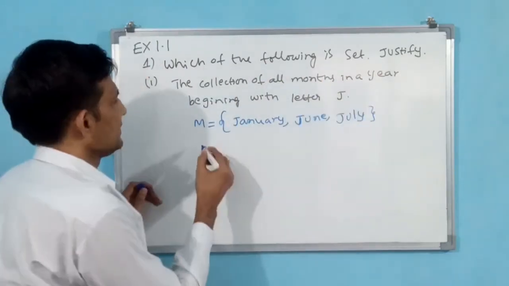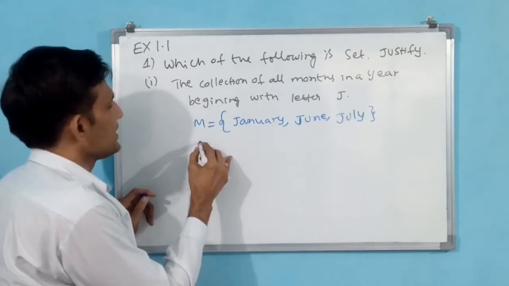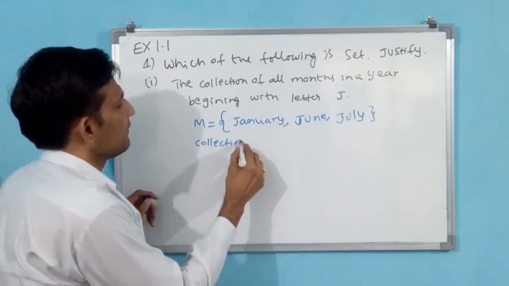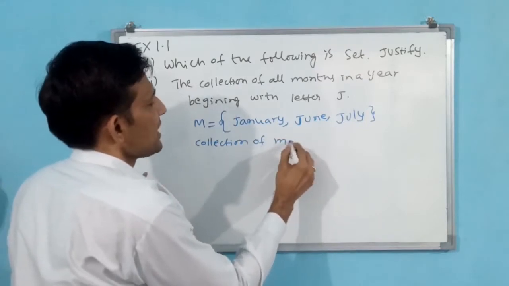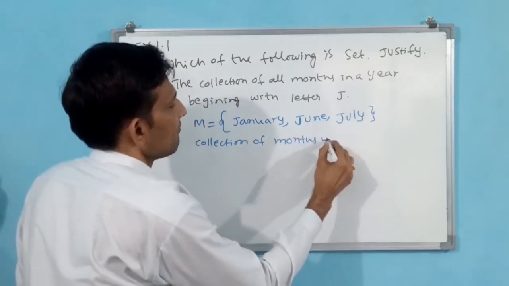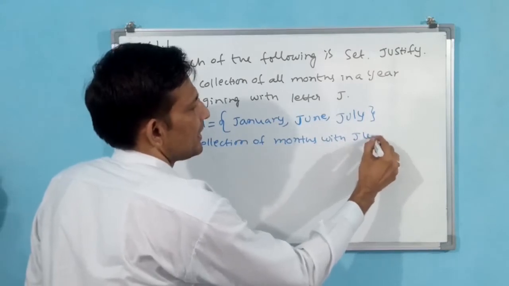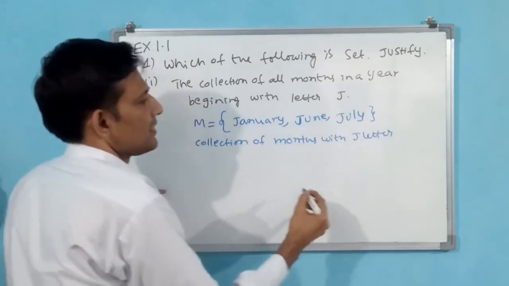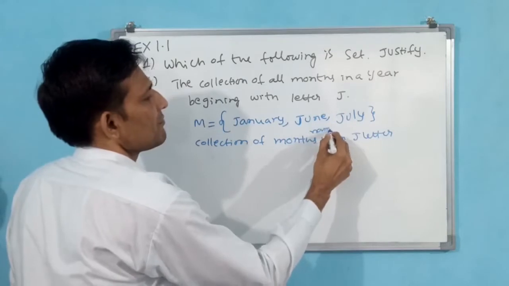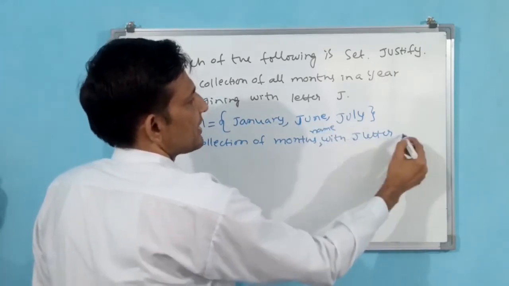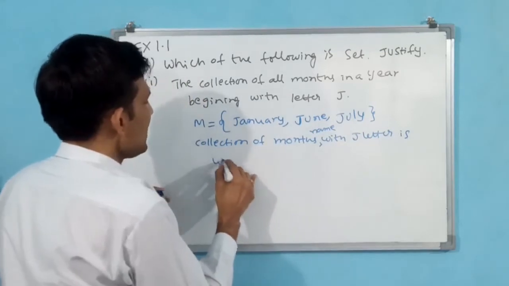You can write it like this: collection of months with letter J. Collection of month names with letter J is well defined.